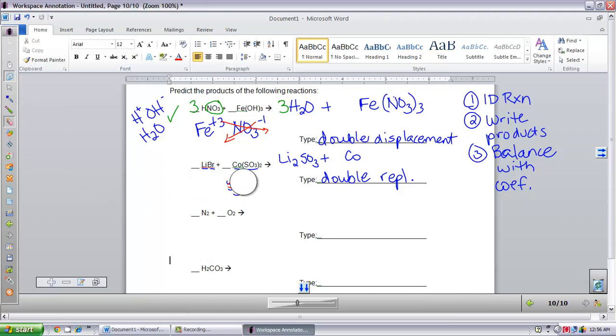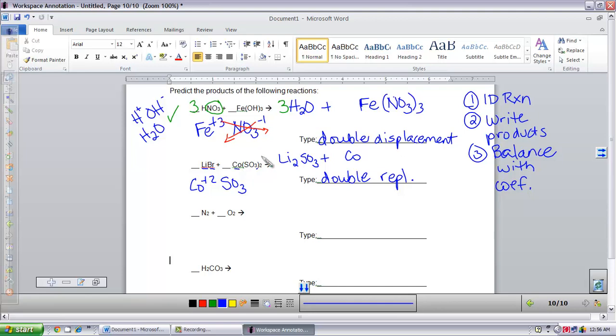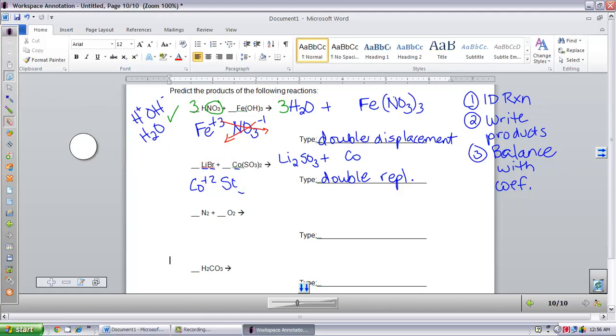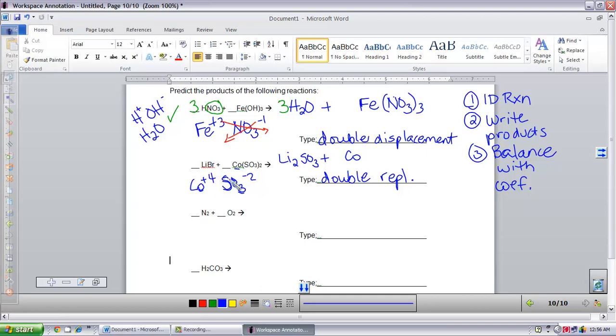Now let's look at cobalt. All right, cobalt, this 2 came from cobalt, so cobalt would have a +2, and sulfite, the way this is, would have a -1, but we know that's not right. You have to go to your periodic table and you see that sulfite actually has, as we just stated, a -2, which meant that cobalt must have had a +4 in order for this compound here to balance out.